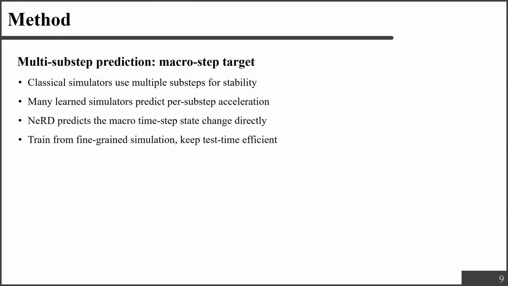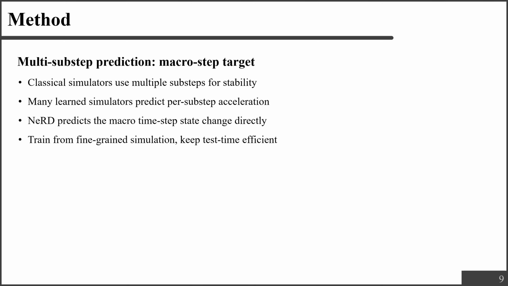In many simulators, one visible time step actually contains multiple internal sub-steps. Sub-steps improve numerical stability, especially with contact. A common approach is to predict acceleration at each sub-step, then integrate.